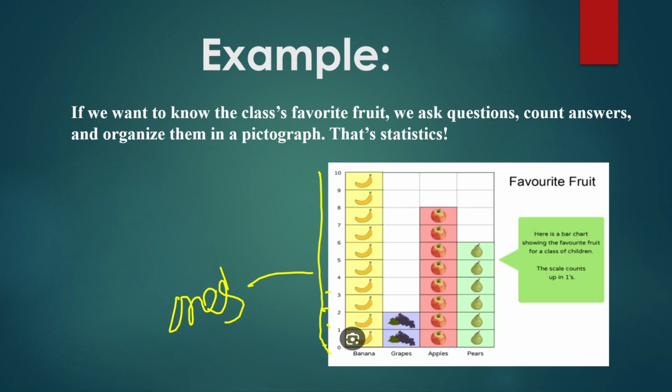Now the first thing we will see is banana. Banana is liked by 10 students. Each unit stands for one student. Grapes is liked by 2 students. Tomato is liked by 8 students.